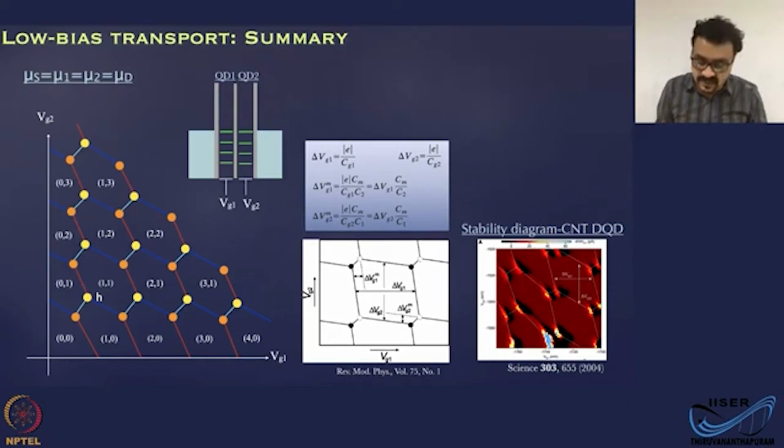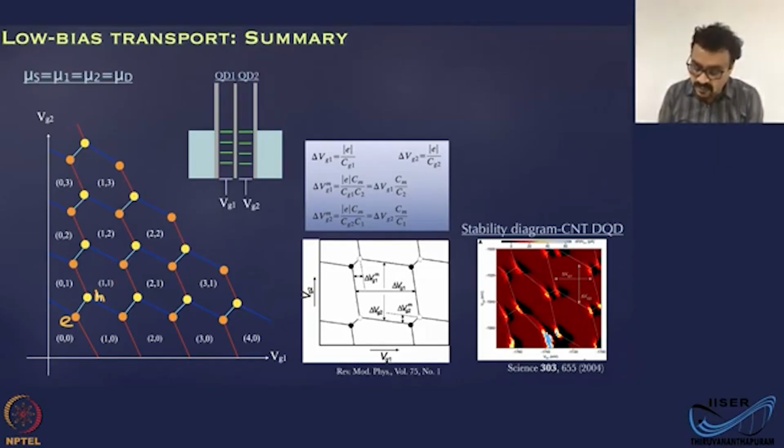And the transport is allowed only at these corners of the hexagon. Those are the triple points. You have the electron triple point and the hole triple point, these two. Triple point means 3 charge configurations are degenerate.